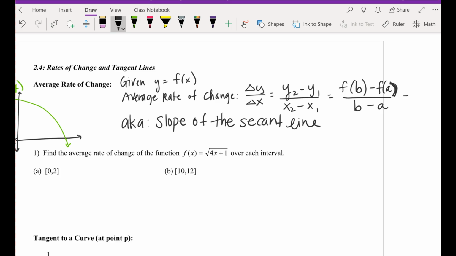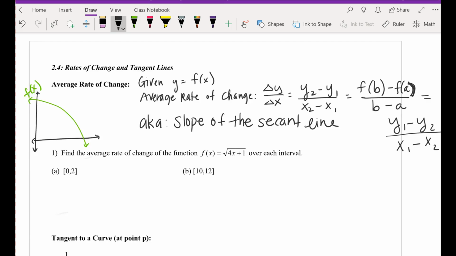Guys, it can also be written as y1 minus y2 all over what? Why are these the same? It doesn't matter. If you choose to write y1 first, then it has to be divided by x1 first, and vice versa. If you choose to write y2 first, it just has to be divided by x2. All right, so what do I mean by this?